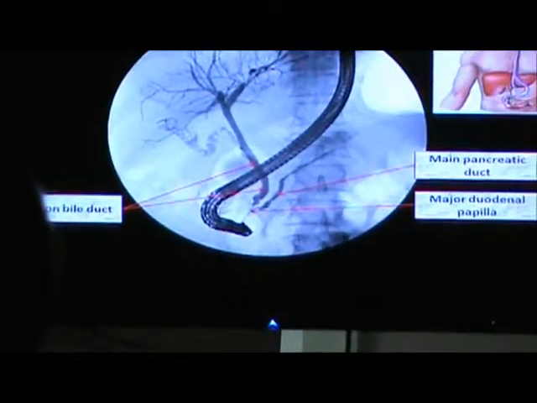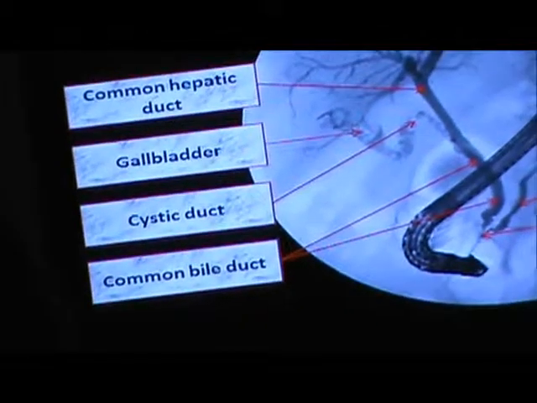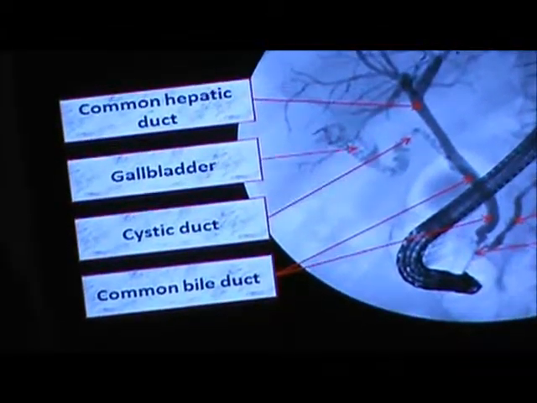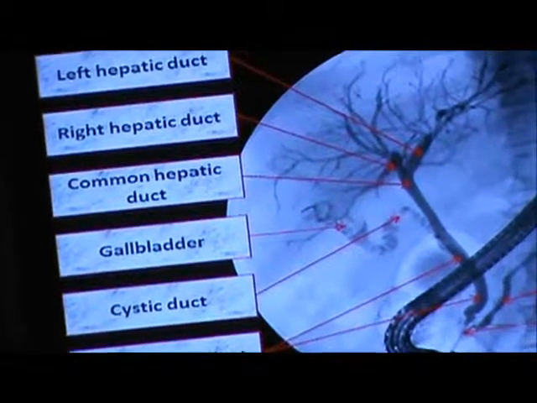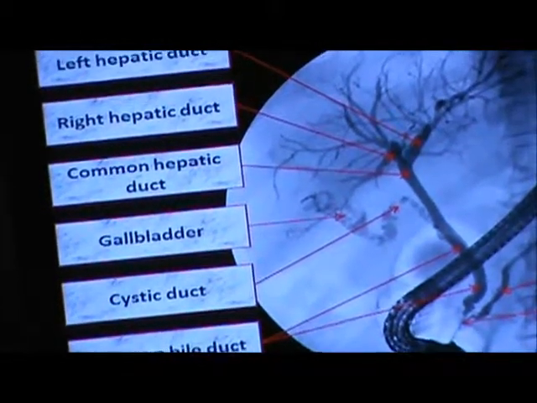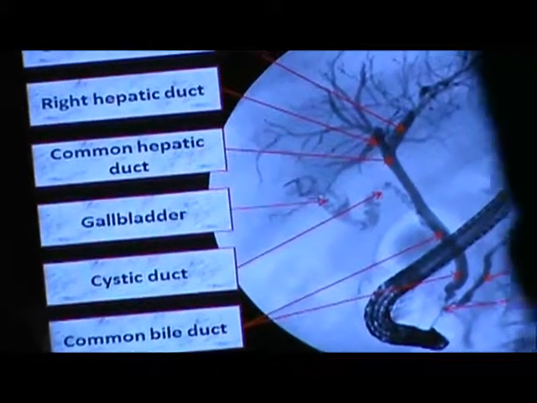So we have the main pancreatic duct, common bile duct, cystic duct, the gallbladder, and the common hepatic duct, branching into the right and the left hepatic duct. There is one thing abnormal on this picture. Can you see it?